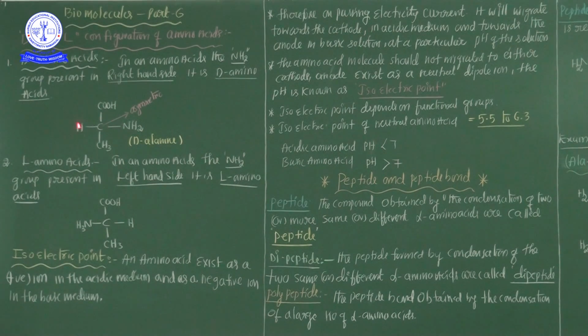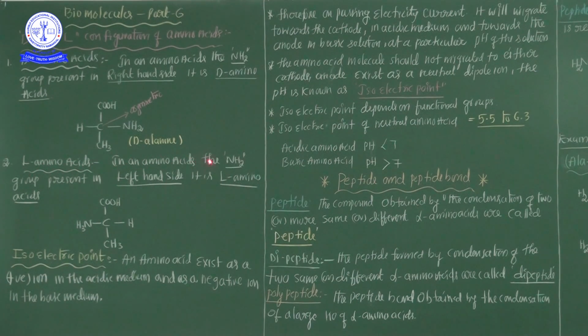This alpha carbon is asymmetric because COOH, H, CH3, NH2, all different groups are there. So D-alanine has an asymmetrical chiral carbon and is also a dextrorotatory amino acid. It's clear?